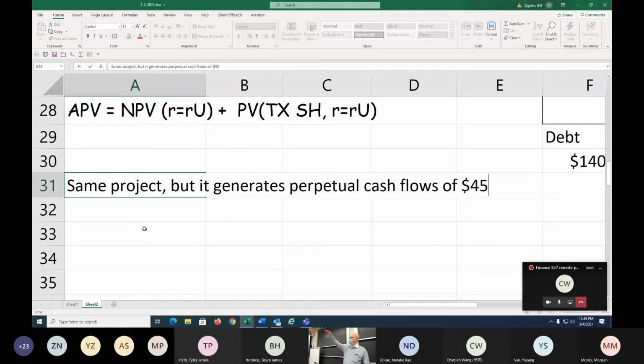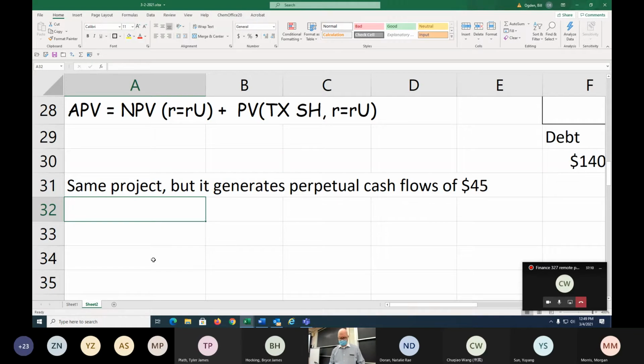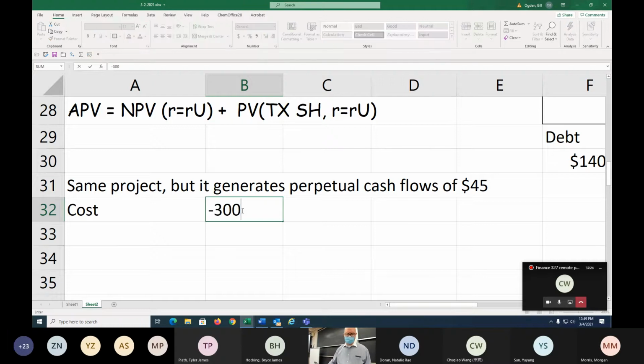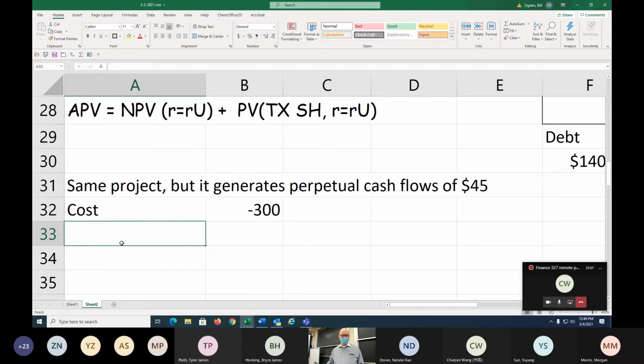So instead of 100, 200, 300, it generates 45, 45, 45, 45, forever, perpetual. Okay. So let's value this project. Okay. So we know the same cost, it's the same project, except I'm changing the cash flows. And cost is 300. And let's make sure we, under the assumption, rebalance.